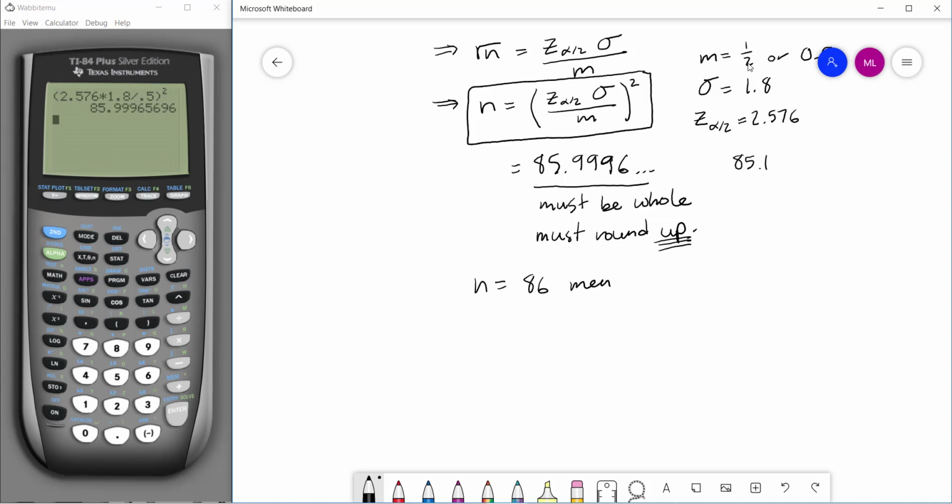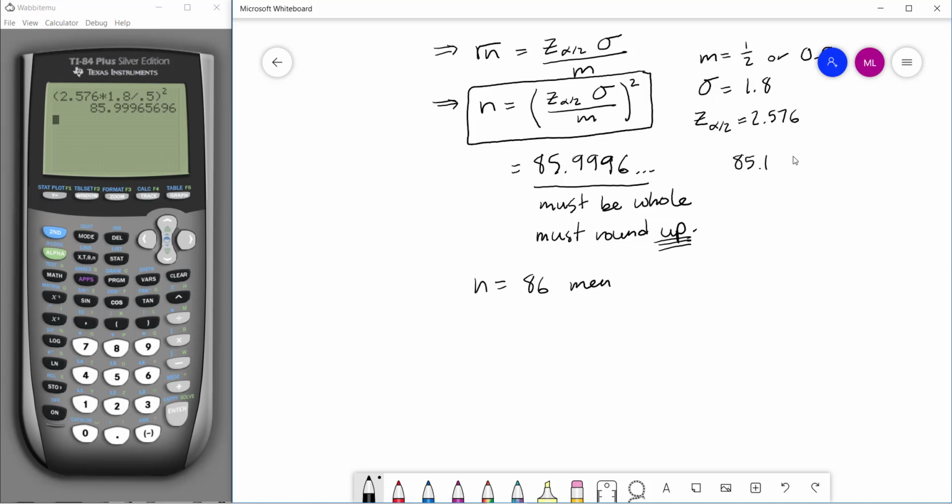And this is kind of the general idea of these problems. We don't want to overpromise and underdeliver, so to speak. It's fine if we use 86 men, even though that's a little bit more than we would need. It's going to ensure that our margin of error is a half or smaller, that we have zeroed in sufficiently.